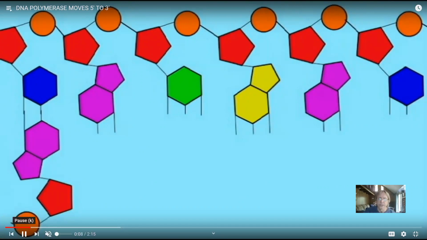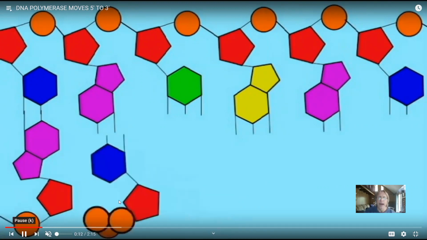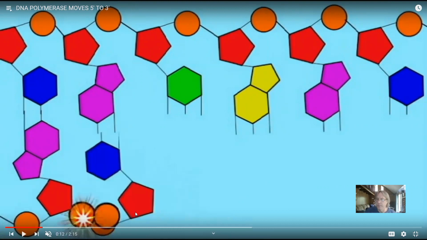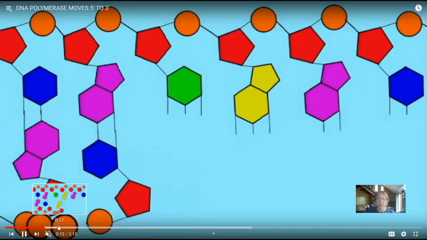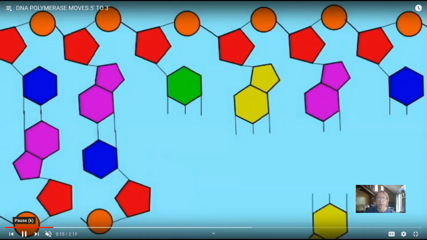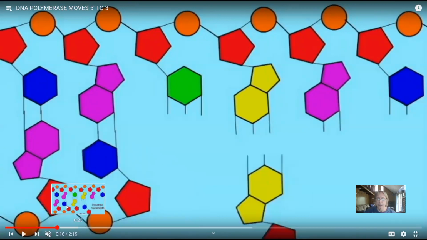Now, one thing which is a little tricky, DNA nucleotides can only be added in the 5' to 3' direction. So when a new nucleotide comes in, it has to come in with the 5' end. That's the end that has the phosphates. It has to come in with that facing the old nucleotide to which it's being added. Okay, so notice that we made a bond using the 5'. This is the 5' carbon.